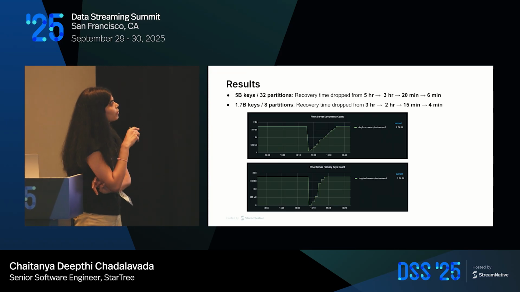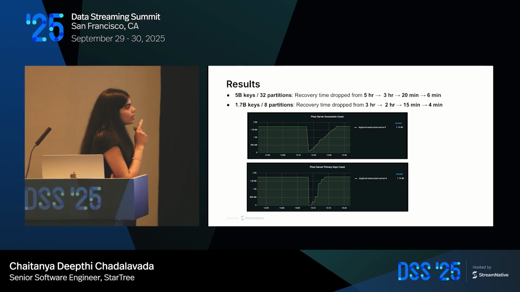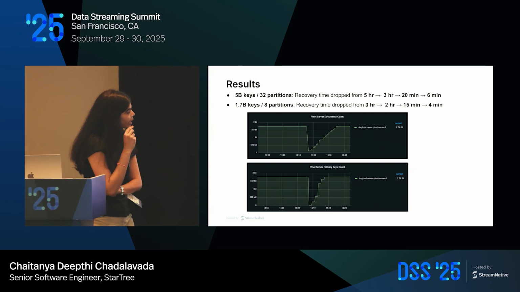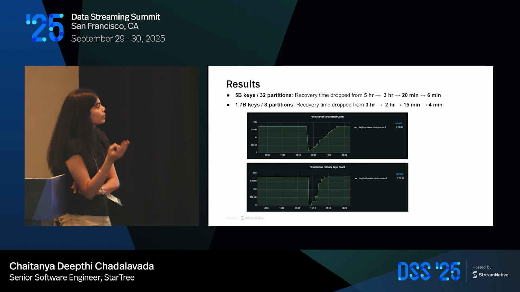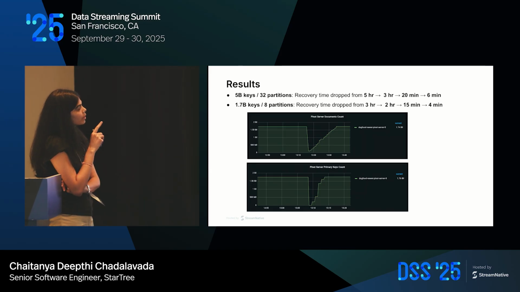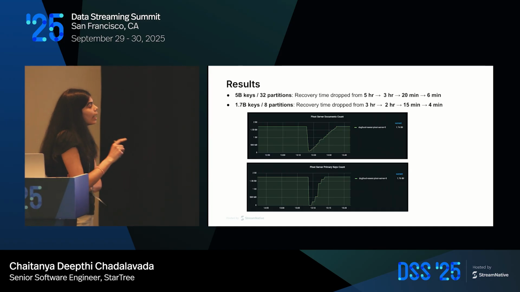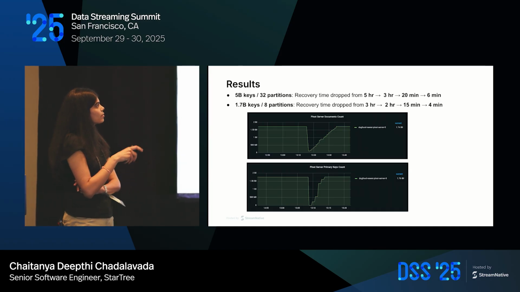The recovery time for a single server was taking 5 hours with the initial base approach, 3 hours with the valid document bitmaps that were sitting on disk, 20 minutes with the Minion-based pre-built snapshots, and 6 minutes if we reuse the existing RocksDB states.